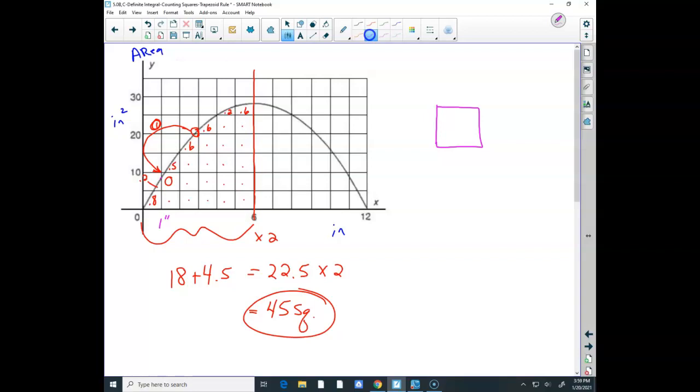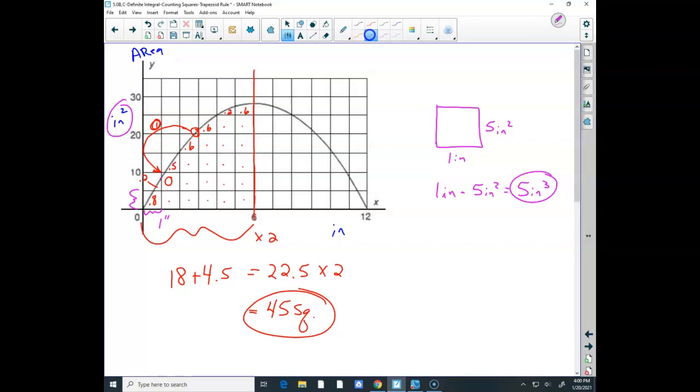I can see the bottom of a square represents 1 inch, and the side of a square represents 5 inches squared, because that's an area. So each 1 inch times 5 inches squared is going to be 5 inches cubed per square.